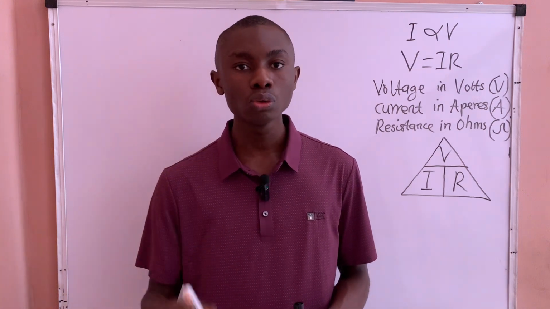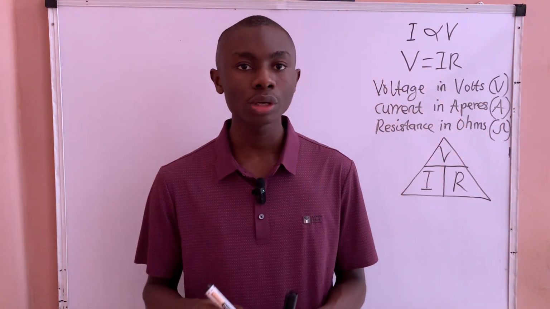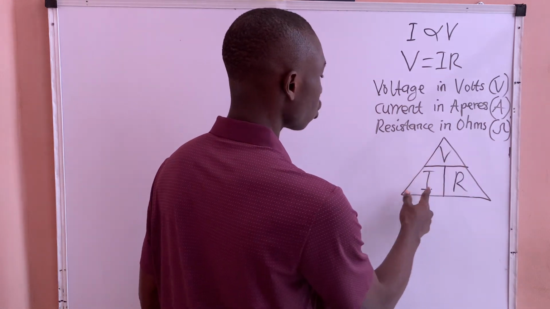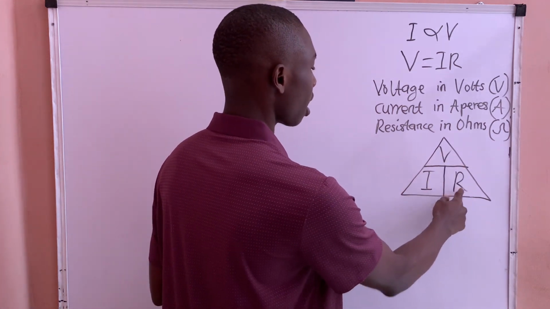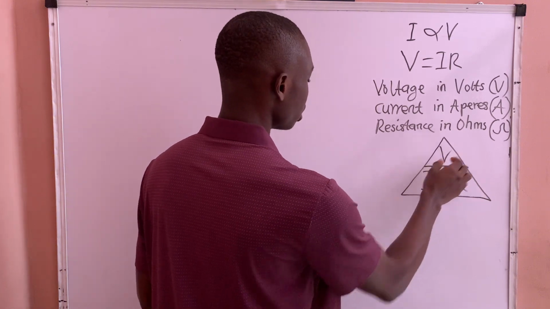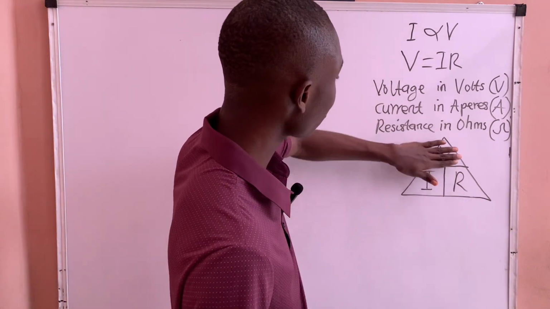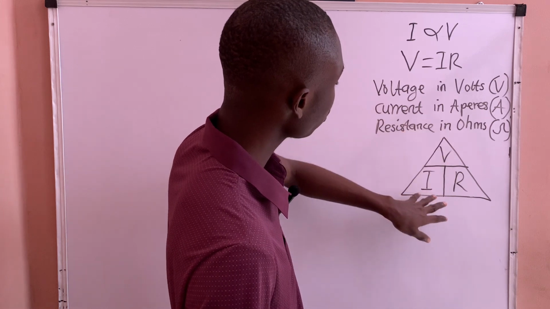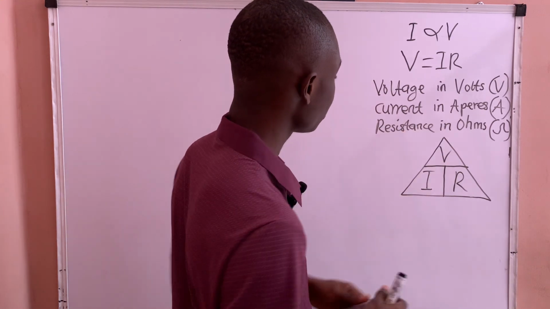Whenever any two of these quantities are given and you are asked to find the third quantity, all you need to do is cover the one you are looking for. For instance, if current and resistance are given and I'm told to find voltage, I will cover voltage, and what I am saying is the product of current and resistance.